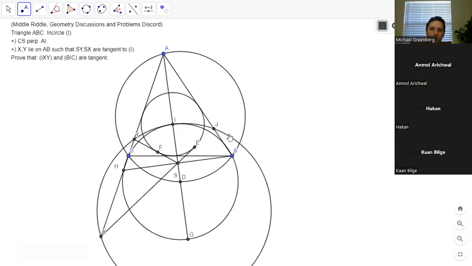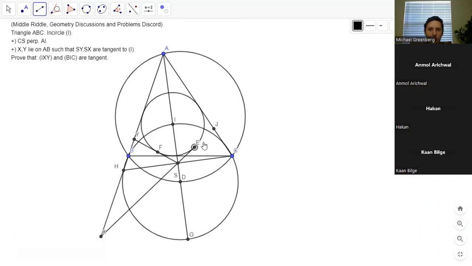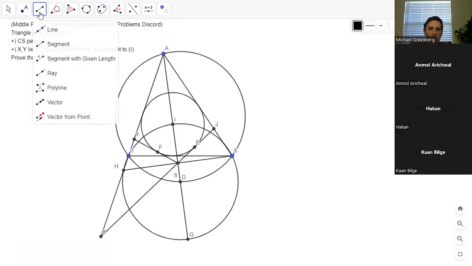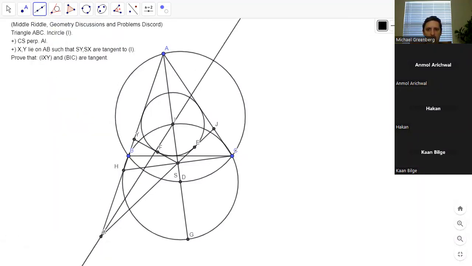So I wonder if we could just work backwards. It's equivalent to showing that IYXJ is cyclic. That's another way to say it. Okay.